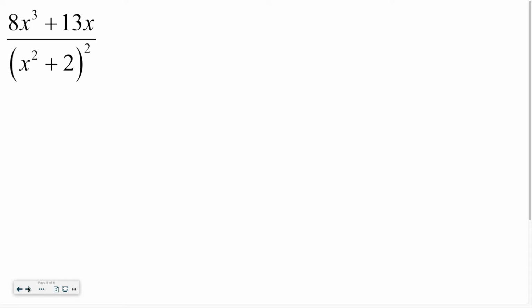But hey, step one's already done for you, right? Our denominator's factored. What do we have in the denominator? We have two quadratic factors. We have a quadratic factor that is repeated, right?